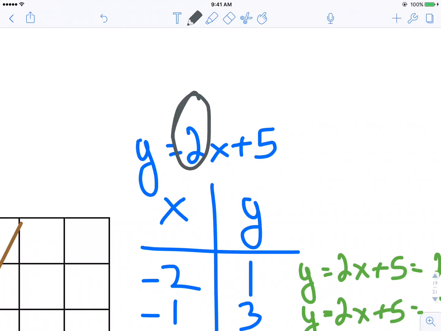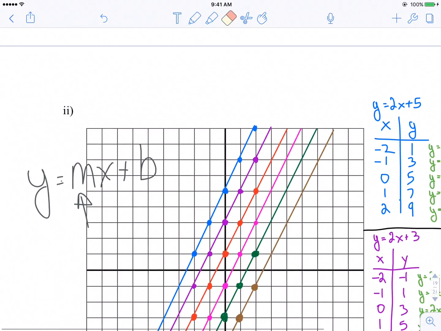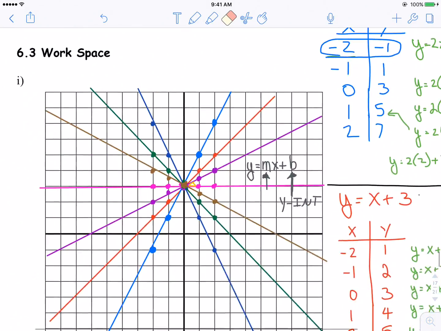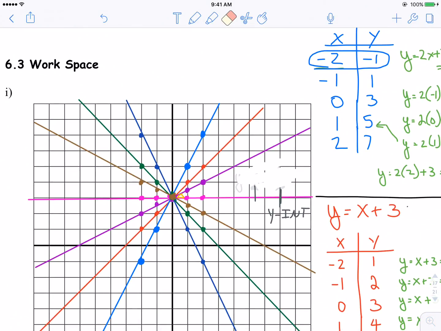Well, this 2 that comes in front of the x. So you now should be able to say that this definitely is the slope of an equation. So now we have what we call the slope y-intercept form of an equation of a line.